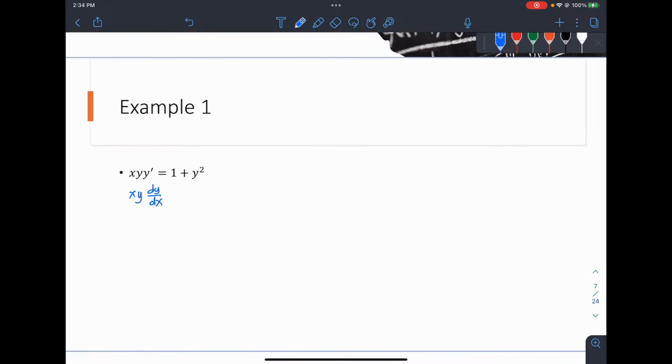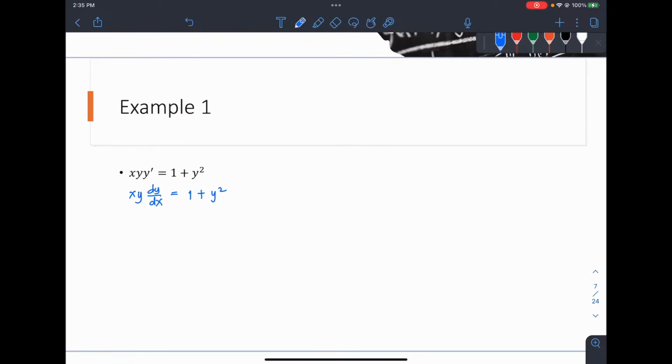So we can clearly see which variables or functions are multiplied with dy, and which are multiplied with dx. Then it is equal to 1 plus y squared.